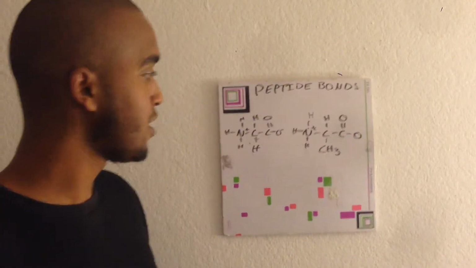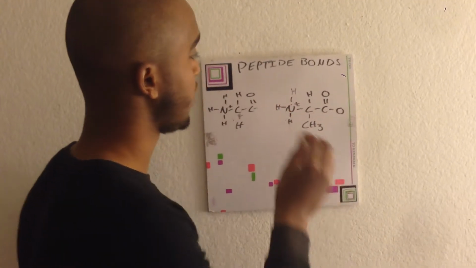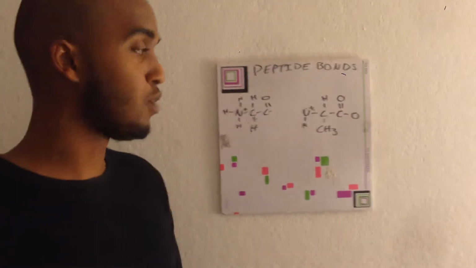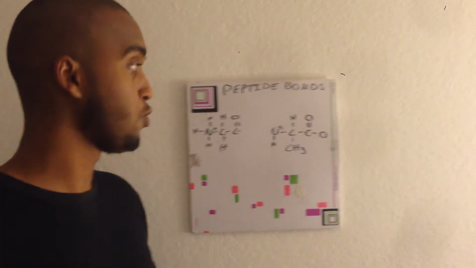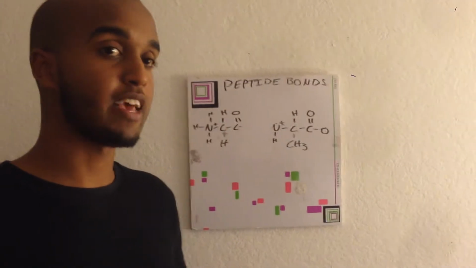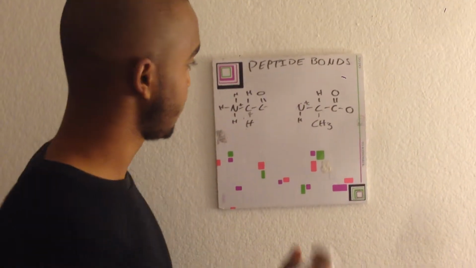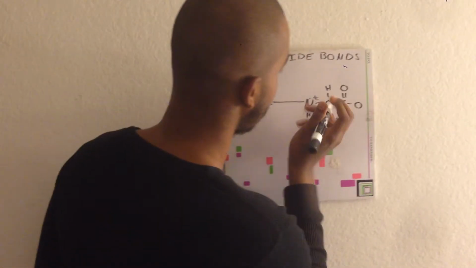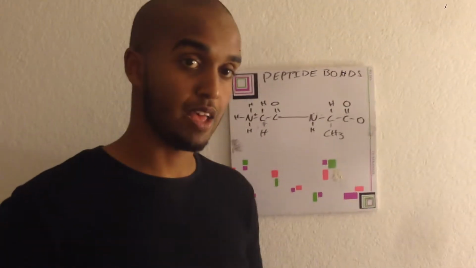So, for step 1, you simply take off the oxygen. You take off 2 hydrogens. You are taking off 2 hydrogens because this is at a physiological pH of about 7. If the pH was 14, then you would take off 2 again. And then for step 2, you simply draw the line to form a peptide bond.